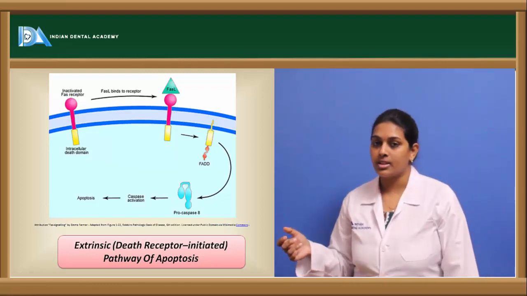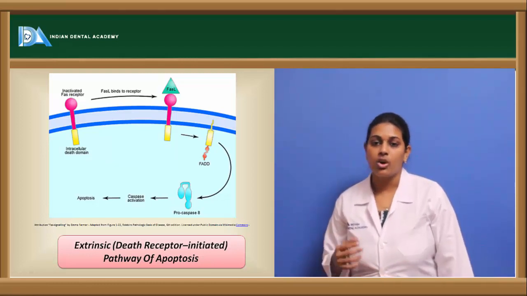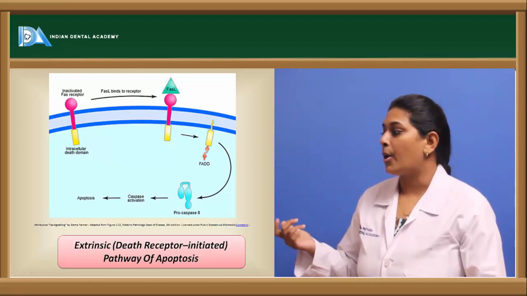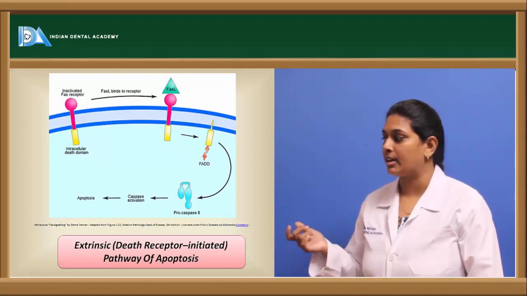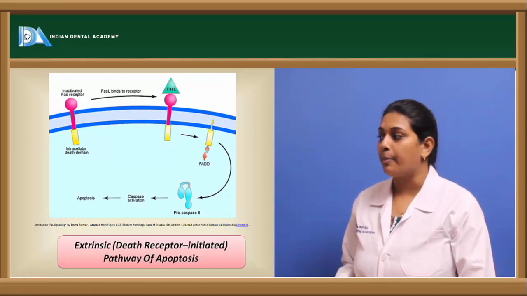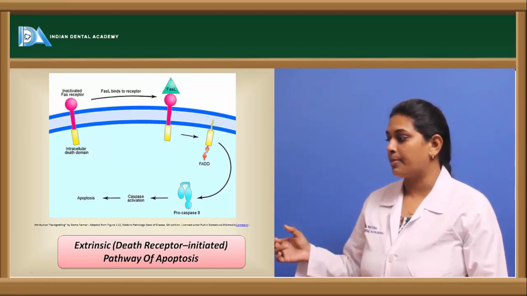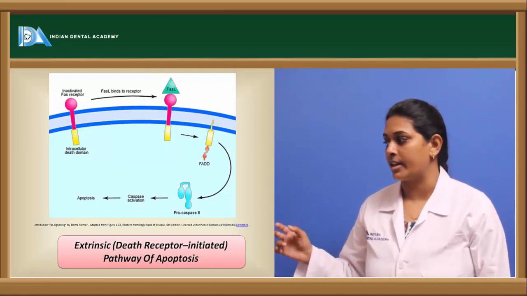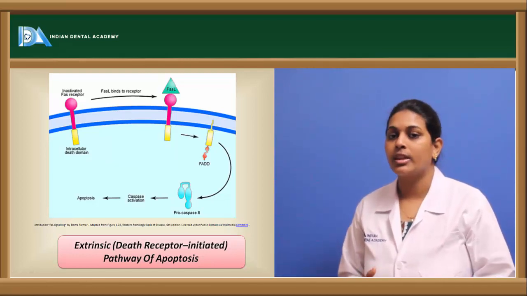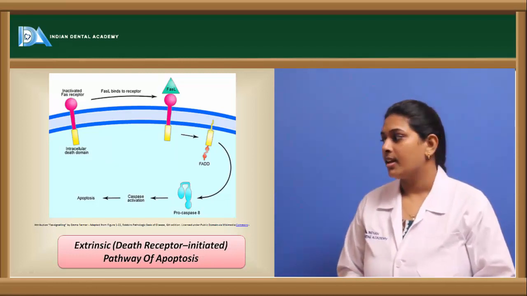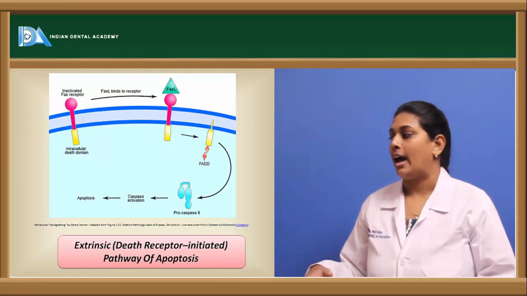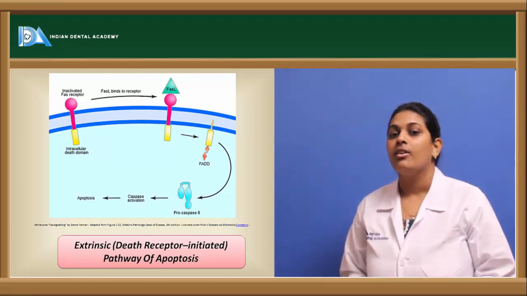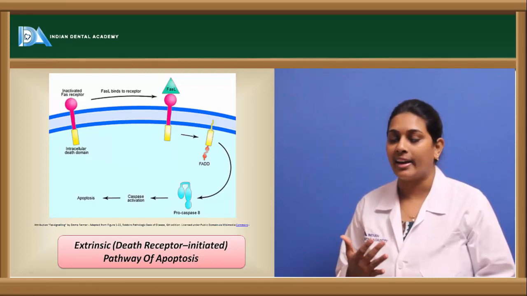So this process requires the presence of ligand. So Fas is a ligand, that is, apoptosis stimulating fragment ligand. When this ligand binds to the death receptor, that is the death domain which is present intracellularly, both get activated and the signals pass intracellularly, and together they form the Fas associated via death domain.